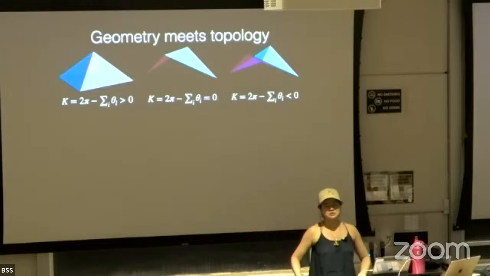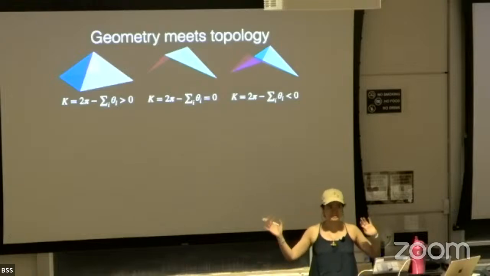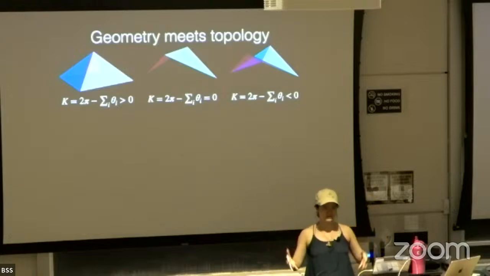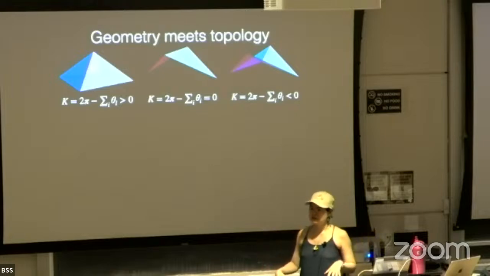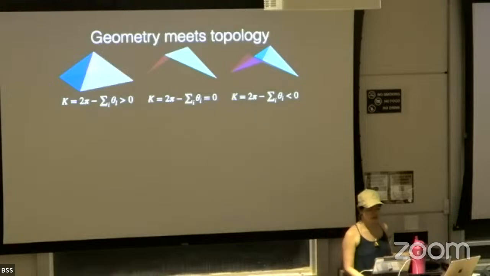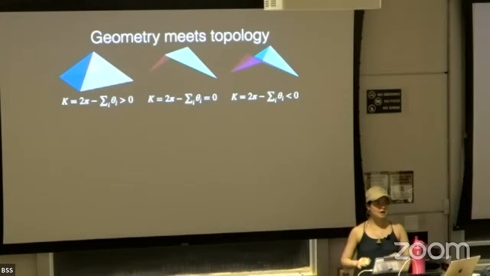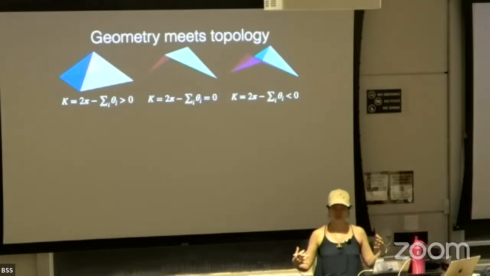If you're doing a 3D animation and you have your Stanford bunny or your Utah teapot, you can define curvature on that. Basically we do that by taking 2 pi minus the sum of the angles around a vertex.